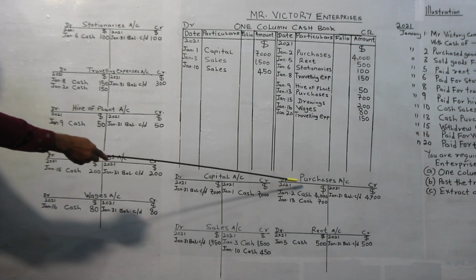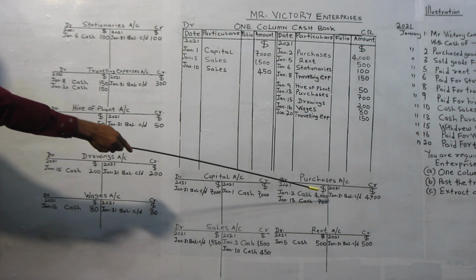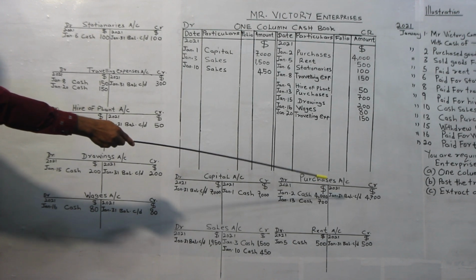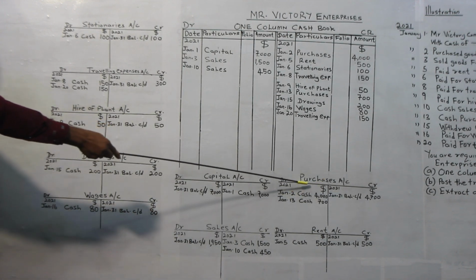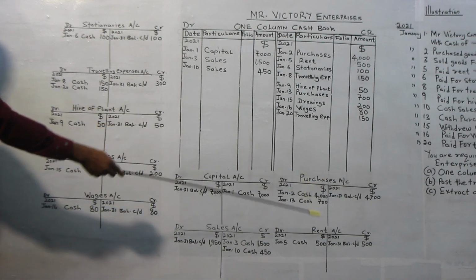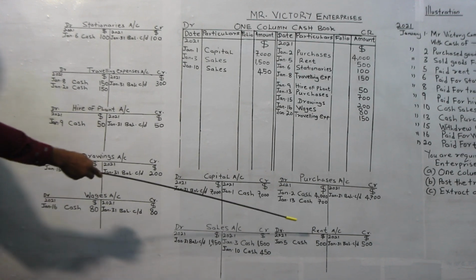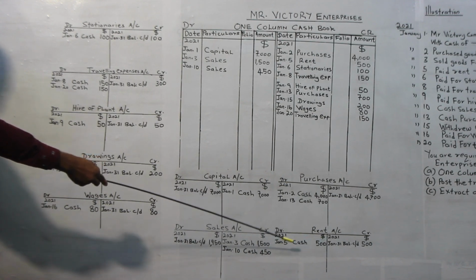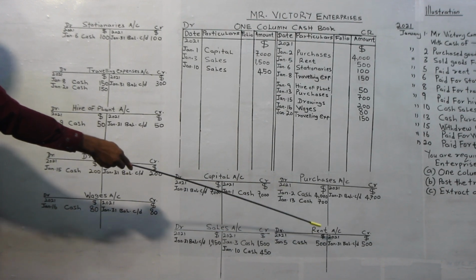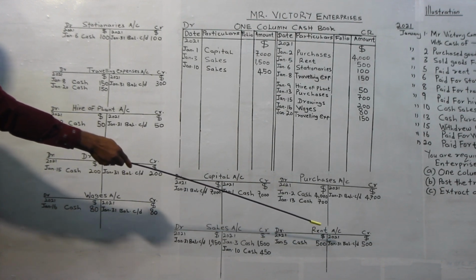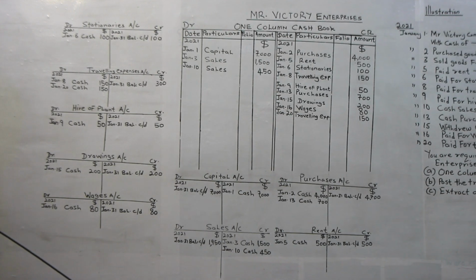The same is applicable with purchases. You can see January 31st, balance carried down 4,700 on the credit side, since the total balance of purchases is on the debit side. For the rent account, the balance is on the debit side, 500. You can see the balance carried down 500 on the credit side.